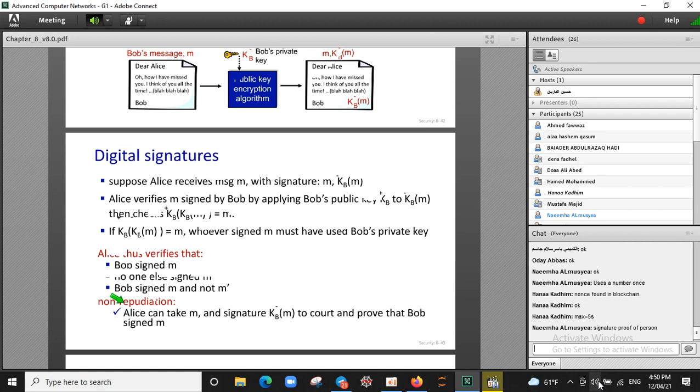It means that the court can prove whether this is Bob's message, yes or no. No one can cheat here. It's simple. If Bob signs it with his private key, the court can decrypt it with Bob's public key.